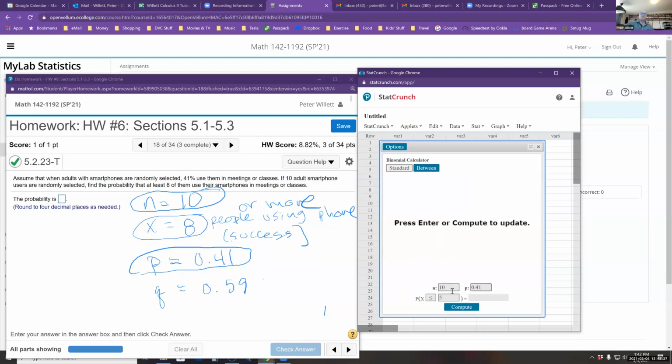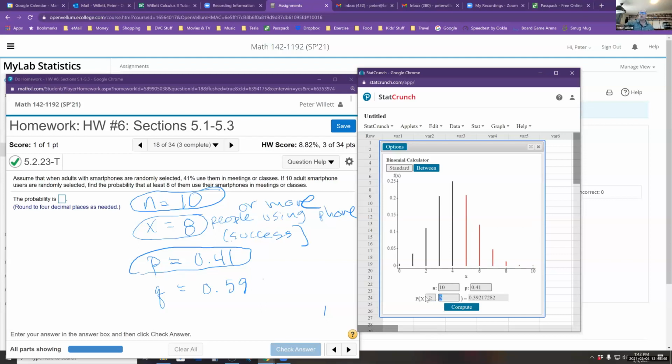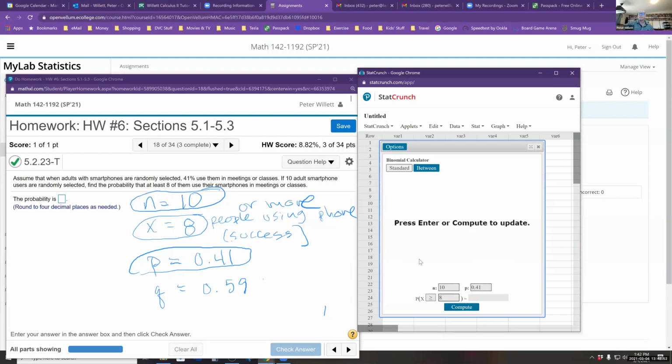Yeah. So then the probability we are asked to calculate is the probability of getting at least 8. We have to translate at least 8 to mean that x is greater than or equal to 8, meaning 8, 9, or 10. 8, 9, or 10 would be at least 8, 8 or more. Does that make sense?